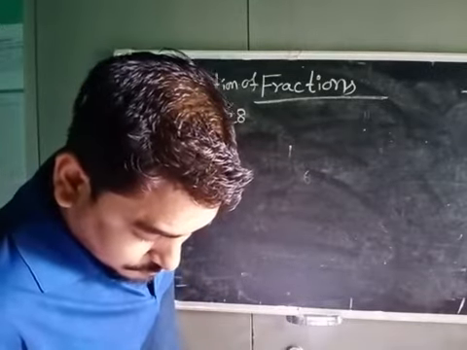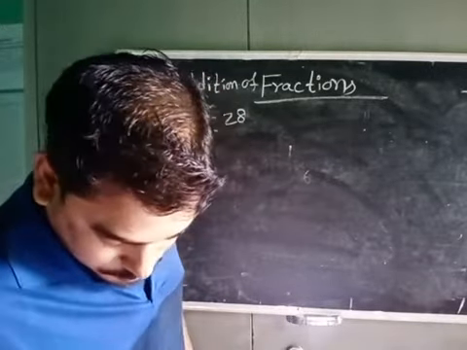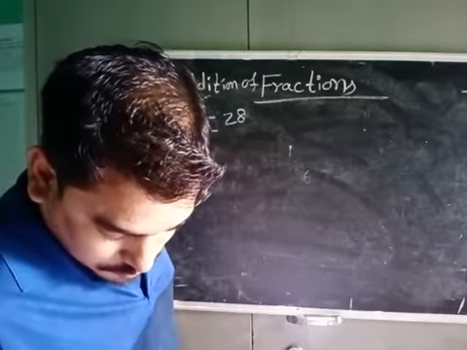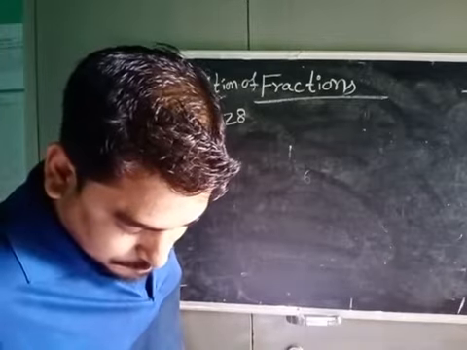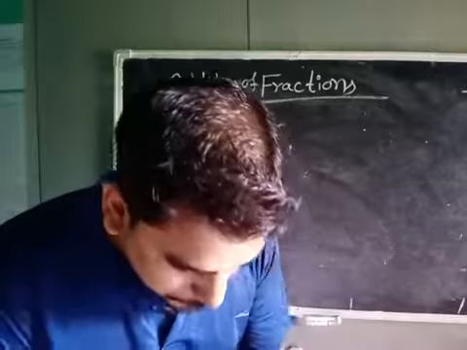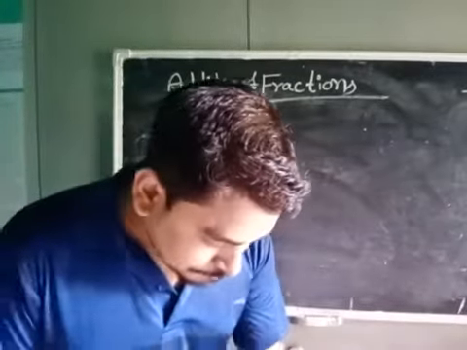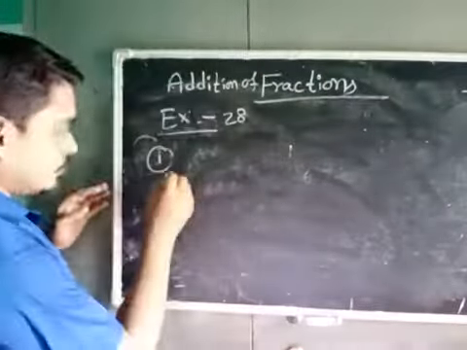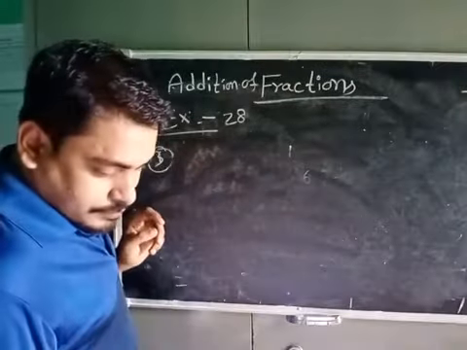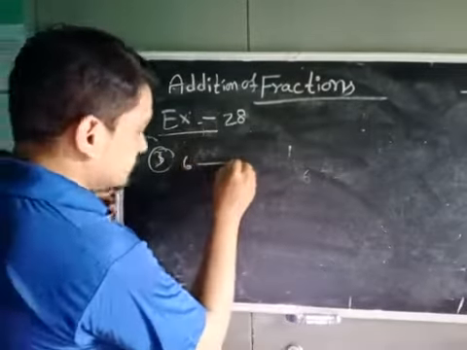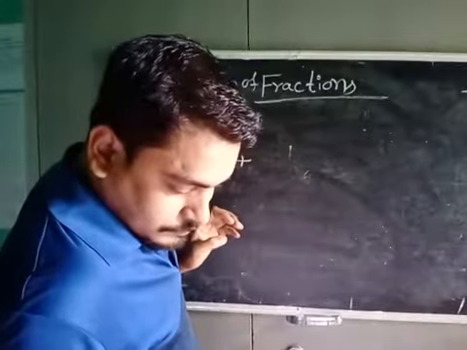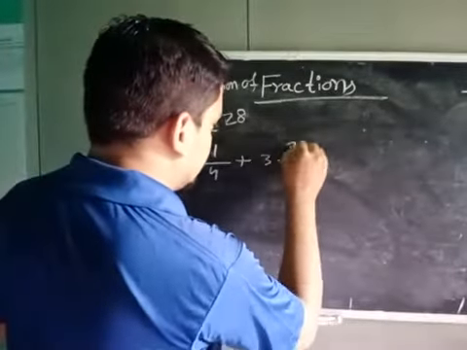Which one should we do? Here you see number 2... no, not number 2, number 3. Let me solve. 4 and 1 by 6... plus 3 and 3 by 8.